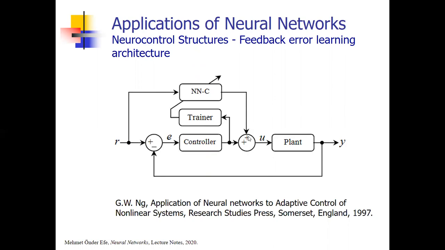And the output is added to the control signal that is produced by this usual classical controller. And the classical control output is used as an error measure to tune the parameters of your feed-forward control mechanism. That is a neural network.